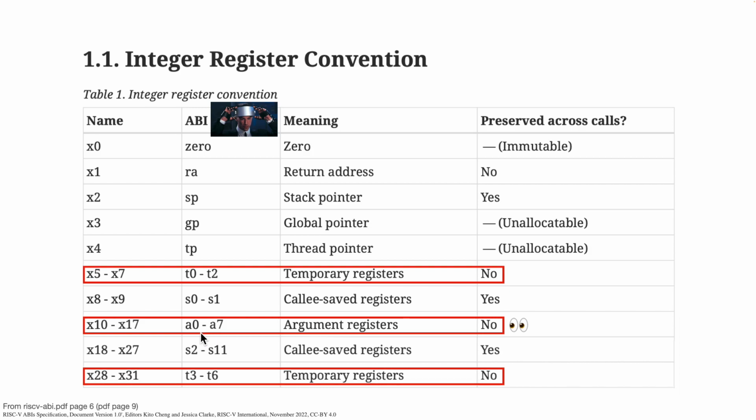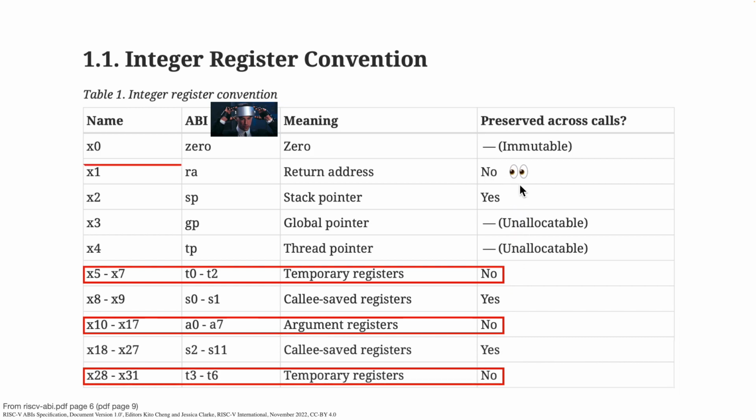Indeed, A0 and A1 will be changed if there's any sort of return. And just in general, the ABI says these are not preserved across calls. Therefore, the callee can use these as temporary registers if they'd like as well. And indeed, we see that GCC seems to have a real thing for using things like A4 and A5 as its temporary scratch registers.